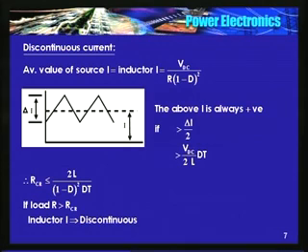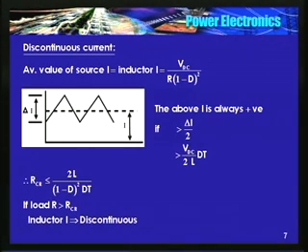So if this current, I naught, is higher than this limit, therefore IL is always positive. So this can happen only when I substitute this condition. I'll repeat, when the average value of the source current is higher than half of delta I, then IL is continuous.